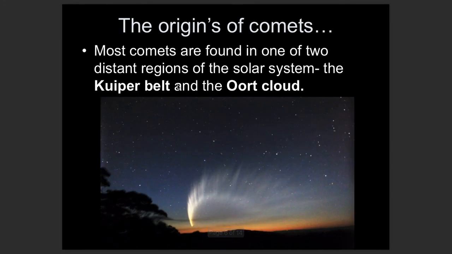So where's the origin of the comets? Where do the comets come from? Well, most comets are found in one of two distant regions of the solar system. They're either in the Kuiper belt or the Oort cloud, and we'll discuss both of those places.